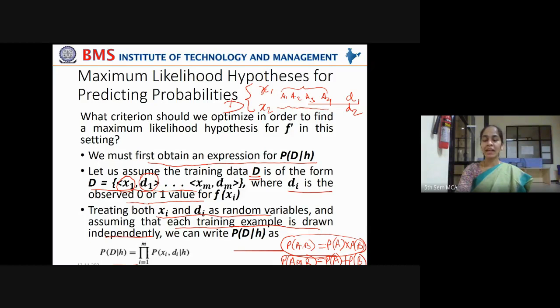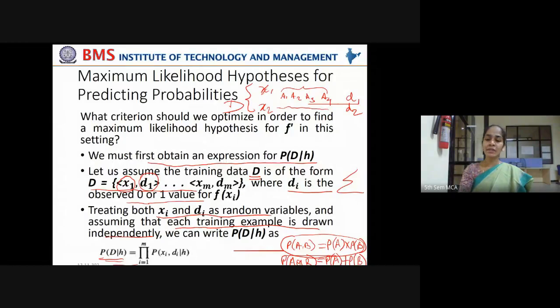Now, treating both xi and di as random variables and assuming that each training example is drawn independently, we can write probability of D given h as equal to the product of, did you see here? For product, we are using the pi symbol. For summation, you use sigma. But here, they are independent draws. When we say independent draws, we have to calculate their probabilities as a product. That is why you have used pi, i equal to 1 to m.